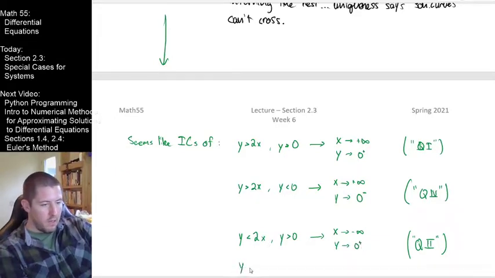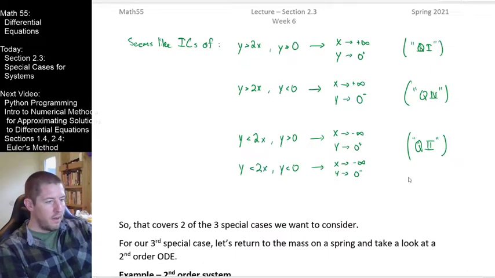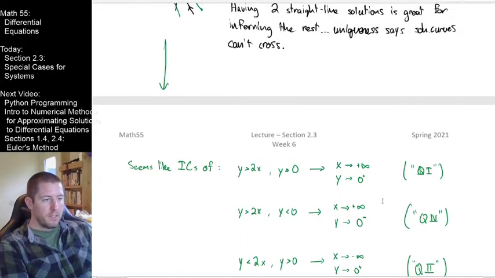And finally, if we start in that third quadrant where both of these things are going to be negative right here, then x should go to negative infinity, y is going to go to 0 from below, and that is sort of our Q3 scenario there. And again, I keep putting these in quotes because it's not truly those quadrants, but I think it's a pretty good descriptor of those guys right there.